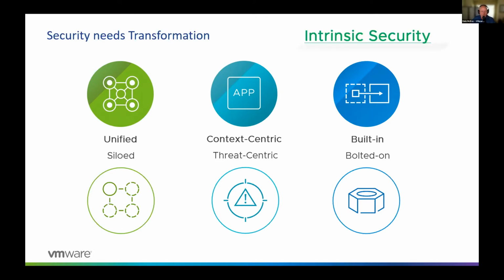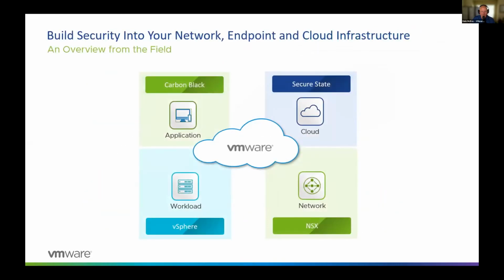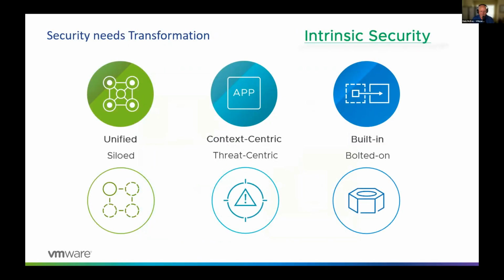All of this we call intrinsic security. And that's the phrase that VMware has gone to market with. Sometimes people don't quite understand what we mean by intrinsic. Well, if I back up to this slide, this is what we mean by intrinsic.